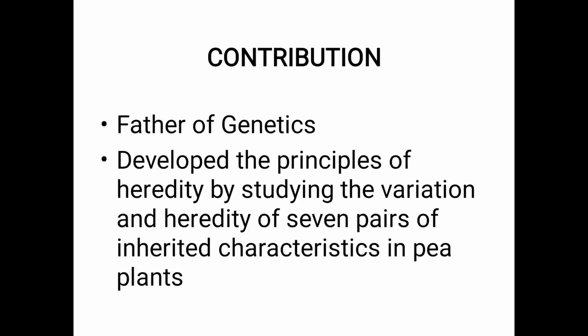And then he developed the principles of heredity, meaning he closely studied how one factor coming from the parent can be developed or can be observed in its offspring. So here, he studied the variation and heredity of 7 pairs of inherited characteristics in pea plants.